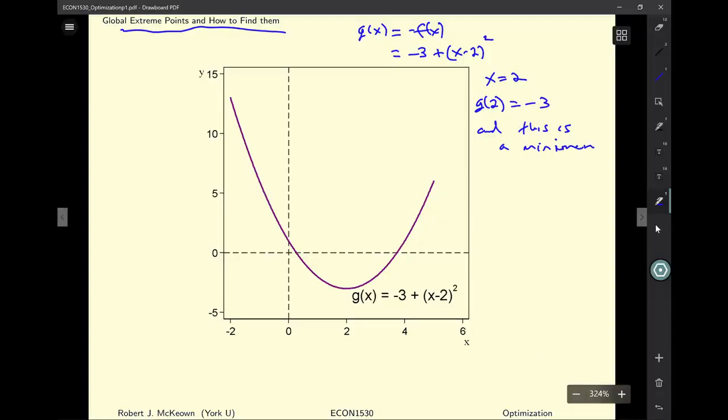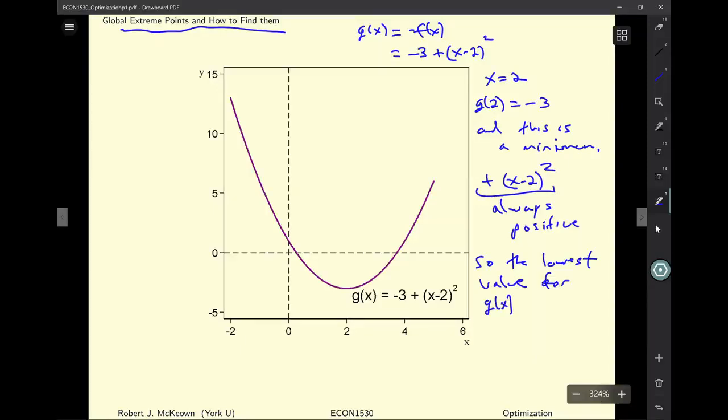How do we know it's a minimum? Well, we're adding x minus 2 squared, and so this thing is always positive. So the lowest value for g of x is the function g when x is equal to 2.